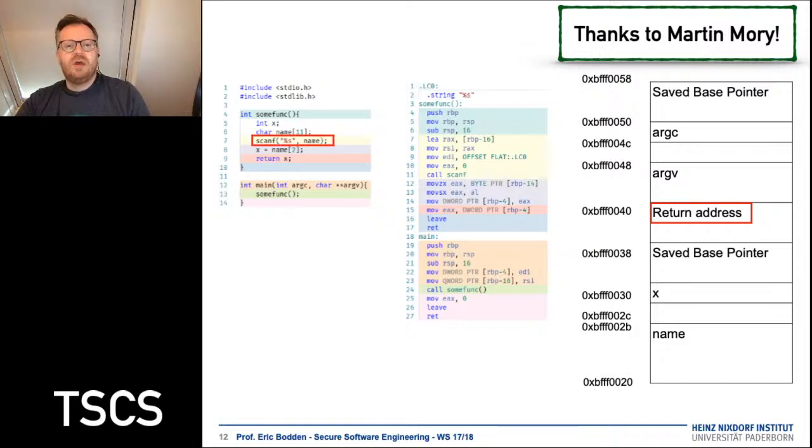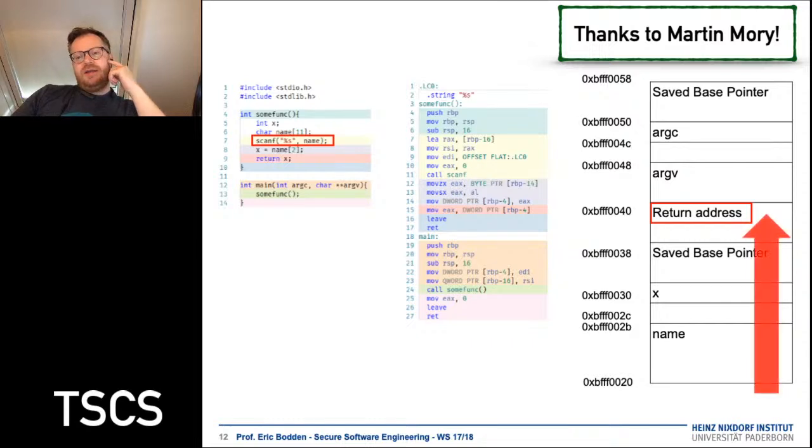In this case, it's the return address of this line of code where this scanf functionality is called. This is line 7 in the C source code and line 11 in the assembler code. And as you can see, the stack that you have here grows upward.